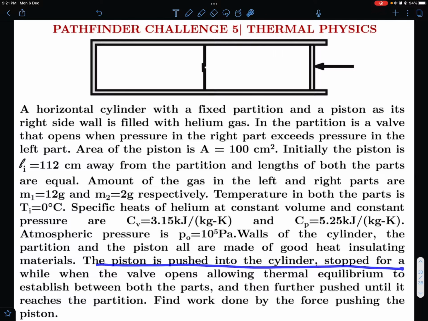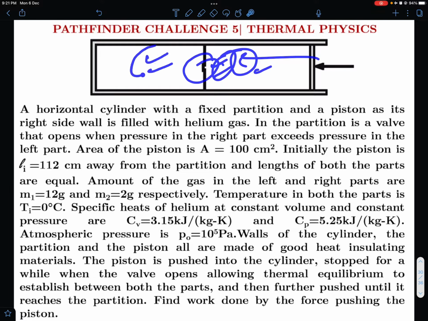The piston is pushed into the cylinder, stopped for a while when the valve opens, allowing thermal equilibrium to establish between both the parts. So you are pushing the piston and that will increase the pressure in this chamber, and finally when these two pressures become equal, the valve will open. After the valve opens, you let the gases mix.